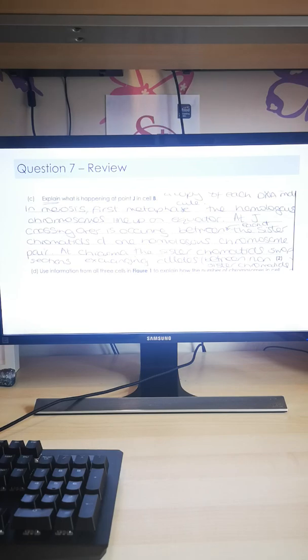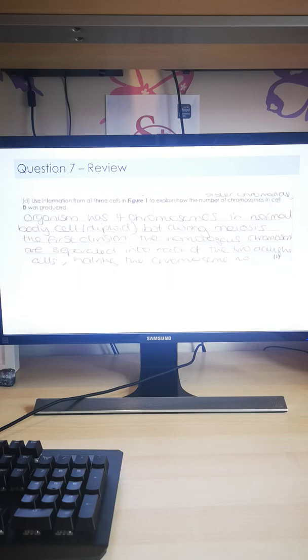And then a mark point for the detail. At the chiasmata, the sister chromatids swap sections, exchanging alleles between non-sister chromatids. Okay, so at the chiasmata points, that's where the non-sister chromatids exchange alleles, swap sections of chromatid.